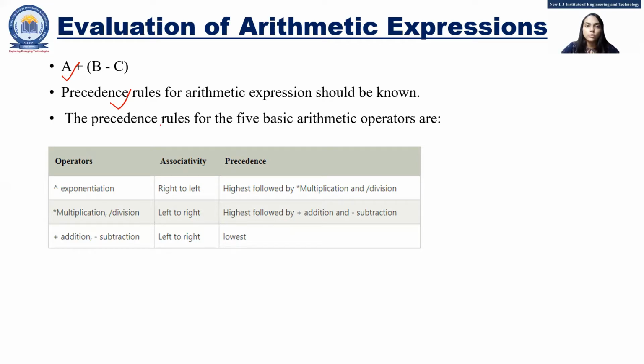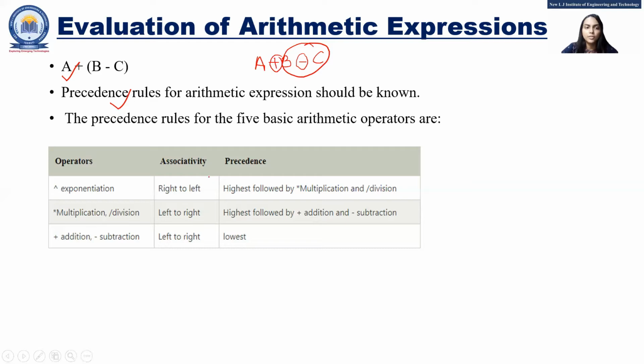Also, once we know the precedence, we should also know the associativity. When I say A plus B minus C, we should know which operator has higher precedence for calculating that part of the expression first. In order to evaluate a certain portion first, we need to see the precedence.